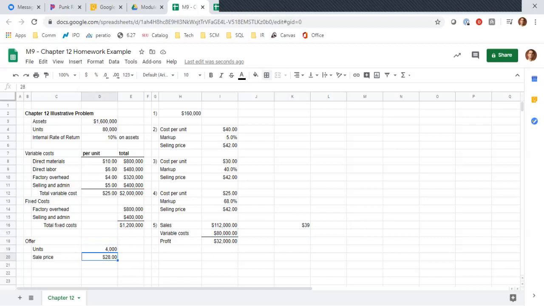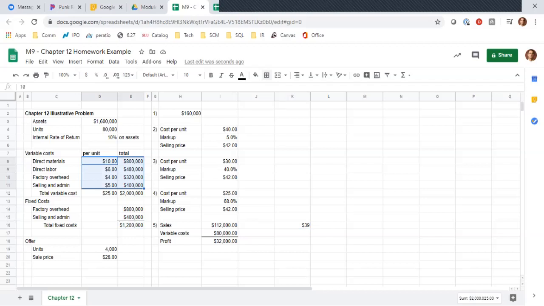Okay, so that's a common mistake that people think about there, but the reality is whether we accept this proposal or not, we're still going to have to pay this $1.2 million in costs. So although we don't cover our total cost with this, we cover our incremental variable cost with it.